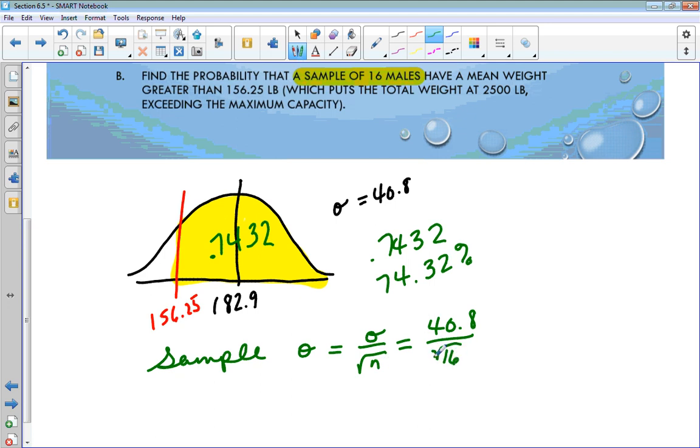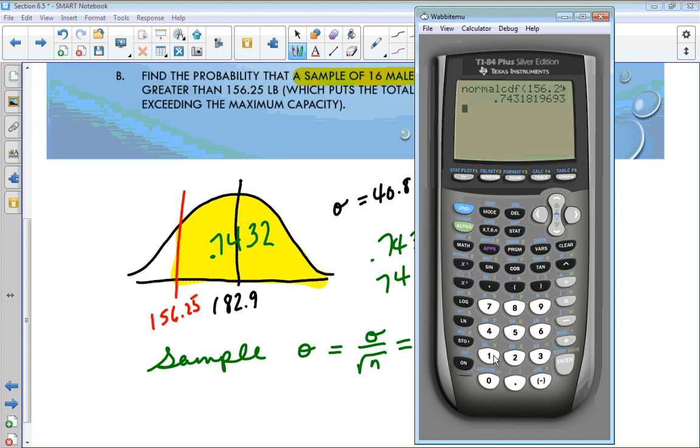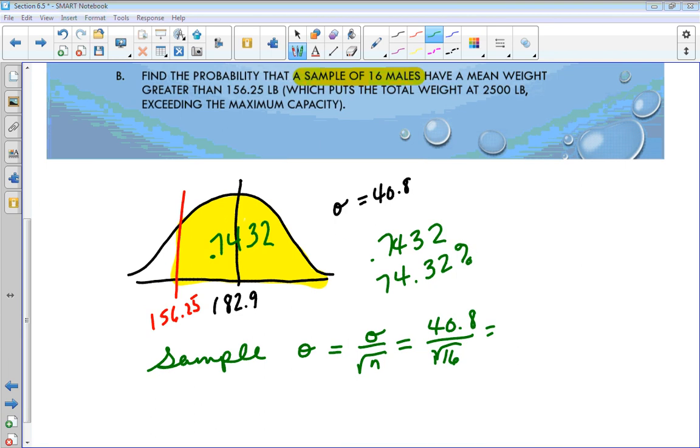That was how many was our sample. I can quickly figure that out, and it's going to be just over 4, but we'll get our calculator here, and we'll do 40.8 divided by the square root of 16, which obviously is 4, and that's going to give me 10.2.